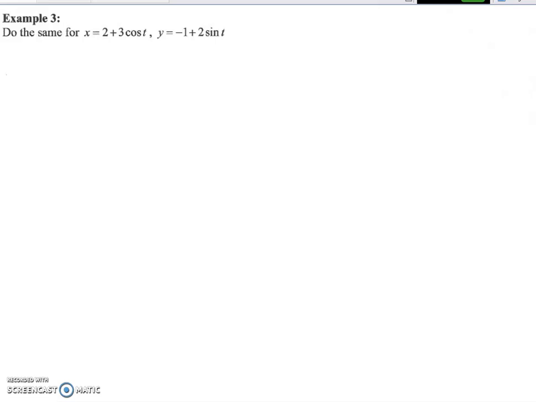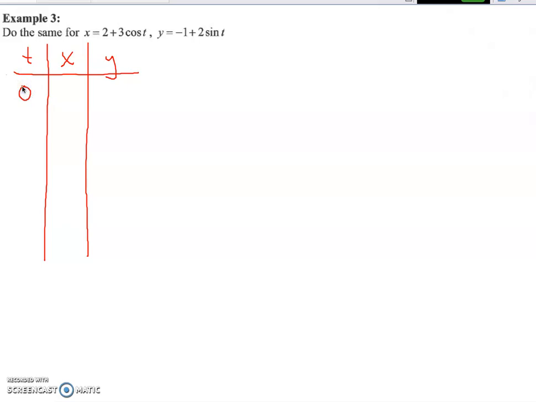So the first thing we're going to do is make our t, x, y tables. We've got t, x, and y. And on the unit circle, we're going to start at 0. And to make our math easy, we're going to pick the values where cosine and sine have nice, easy numbers to work with.